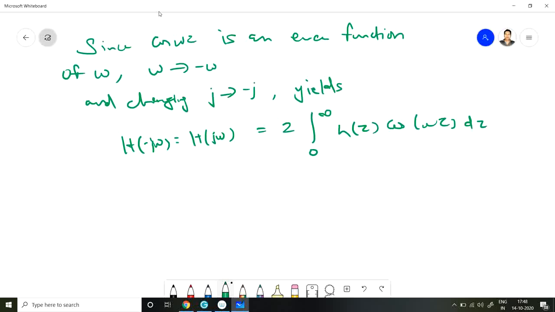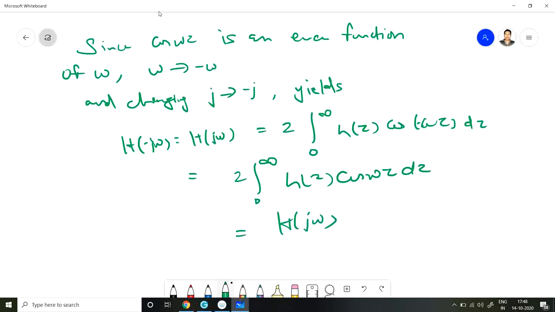Because it is an even function, H(-j omega) is nothing but H(j omega).